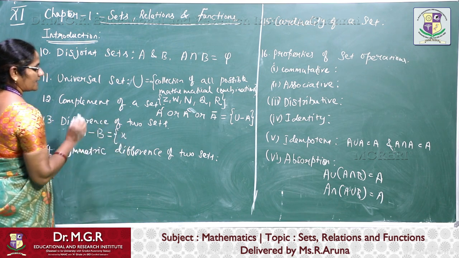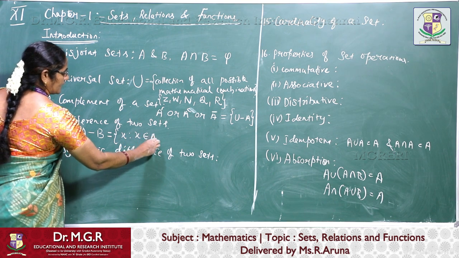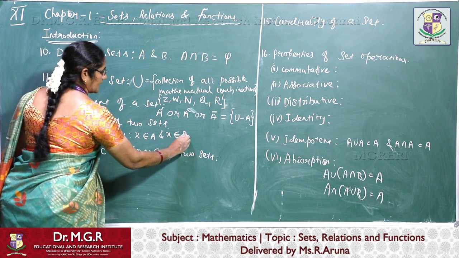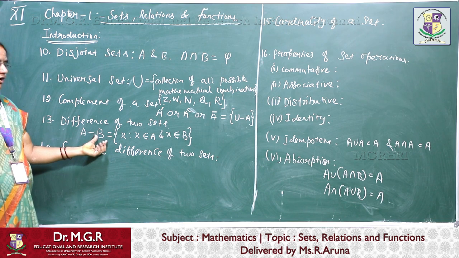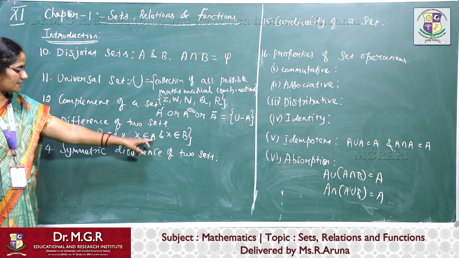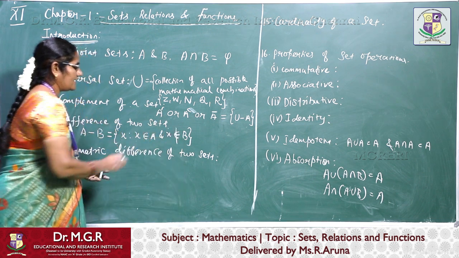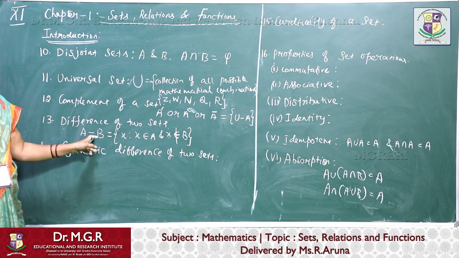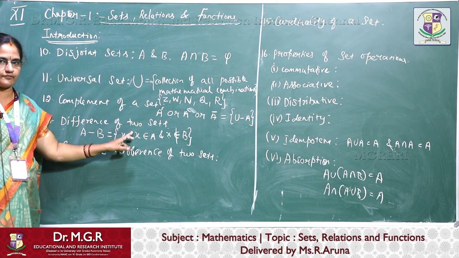This is nothing but the set of all x such that x belongs to A but x does not belong to B. That means, suppose you have two sets called A and B, we consider all the elements in A and we don't consider the elements of B. That is the meaning of difference of two sets. While we do the problems, we can easily understand the concept of difference.